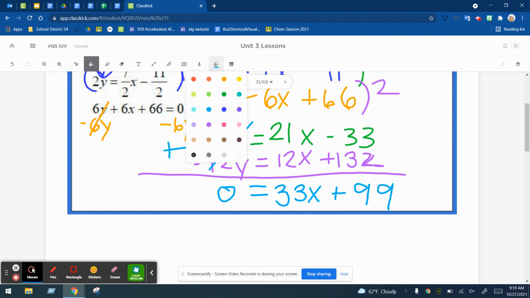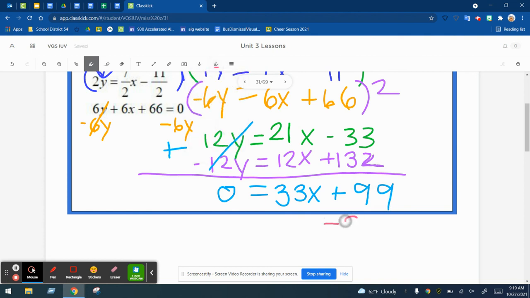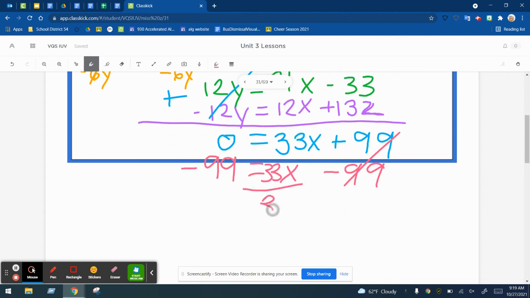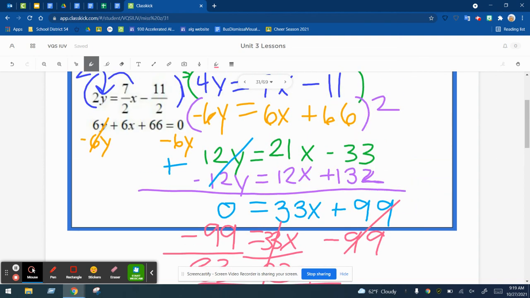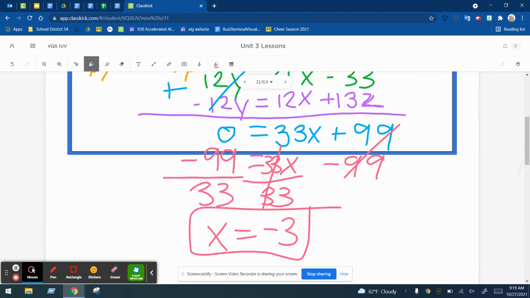Okay, so following how to solve equations, let's subtract 99. So we have 33x equals negative 99. If I divide by 33, I would get x equals negative 3. Look at that. We already solved for one variable. So lots of steps, but we did get it. So let's keep going.